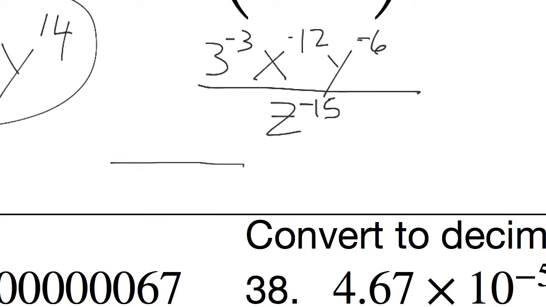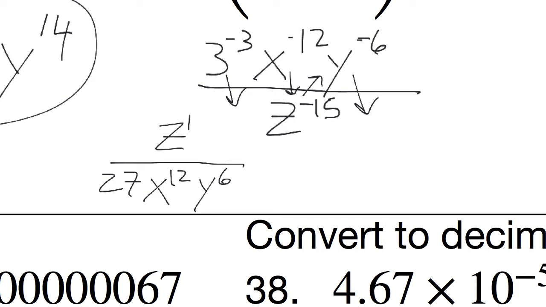If in a fraction, we're going to cross the line to change the sign for all of them. 3 is going to be on the bottom, 3 to the third, which we'll just say is 27. 3 times 3 times 3 is 27. X to the 12th is going to be on the bottom. Y to the negative 6, well, that's y to the positive 6 on the bottom. And z to the 15th. And that can be your answer.